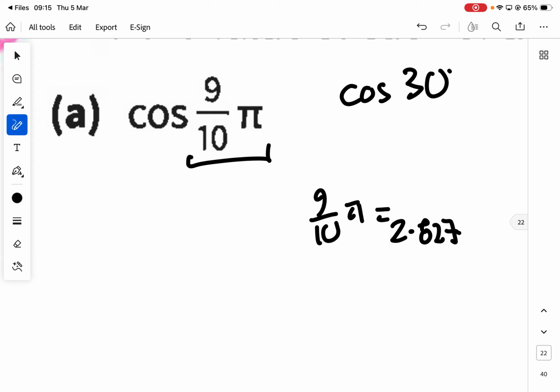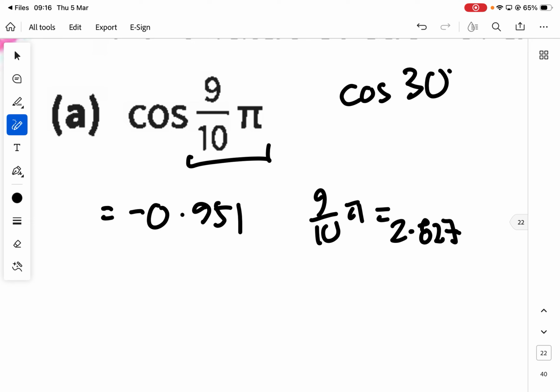Okay, if we go to the next question, question 5. For this one, they tell me cosine theta is 0.445. This is the ratio. So at this moment, actually, this 0.445 is a number. It got nothing to do with whether it is radian or degree.